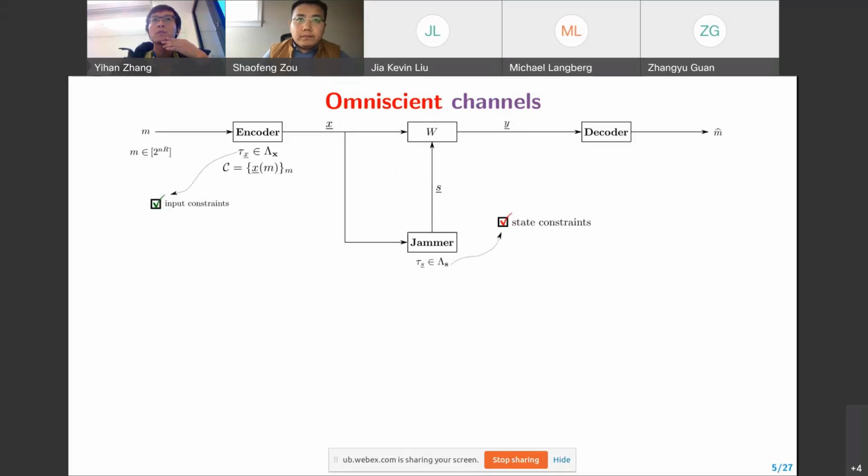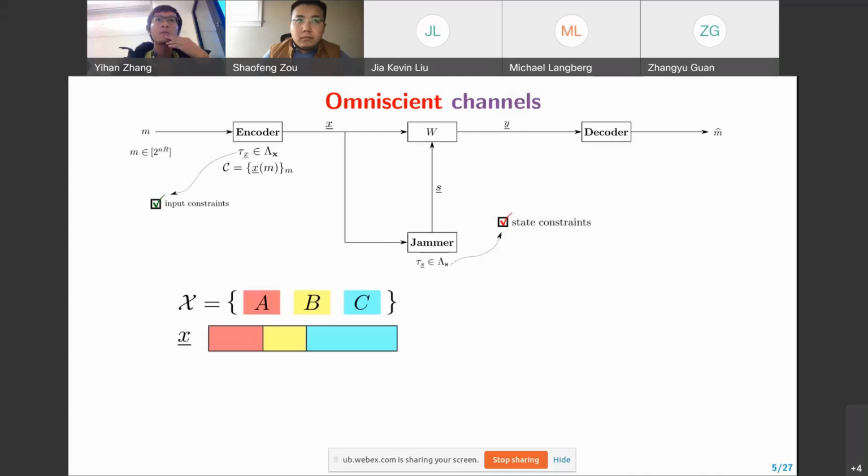For the sake of generality, which is going to be important when I talk about things later, I want to further impose constraints onto the channel input X and the noise vector S, because there are many channel models for which without these constraints, they become trivial. The way I impose constraints is in terms of the type of these vectors. For those of you who are not familiar with types, this is nothing mysterious. It's nothing but the empirical distribution of a vector over some finite alphabet.